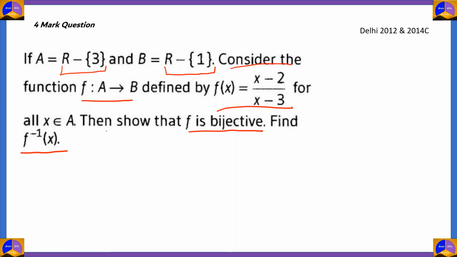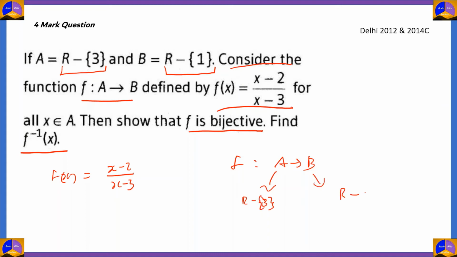So to start off, we write that f of x is x minus 2 by x minus 3. F is from A to B, and A is R minus 3. B is R minus 1.